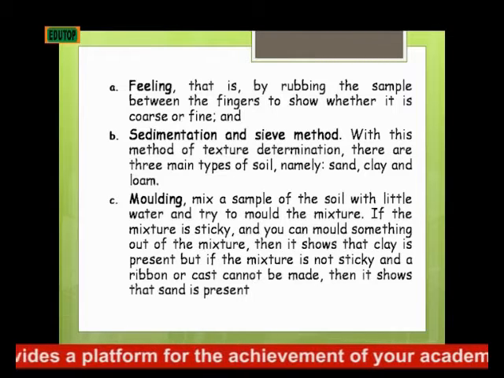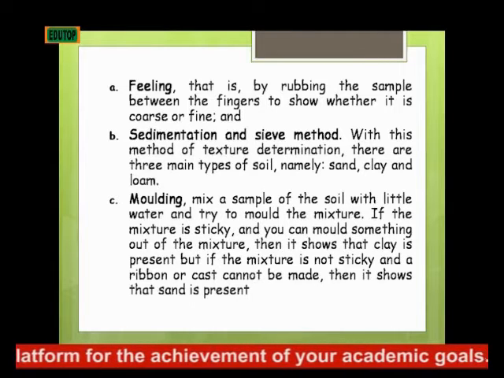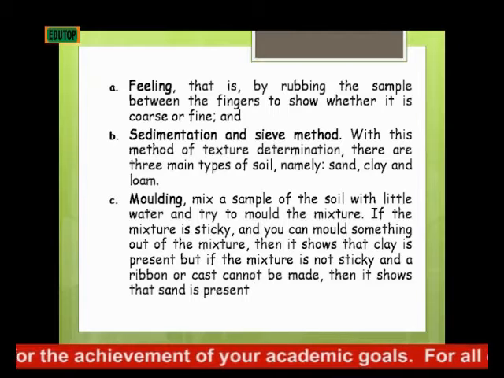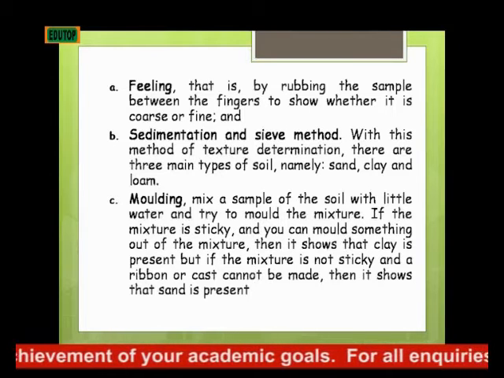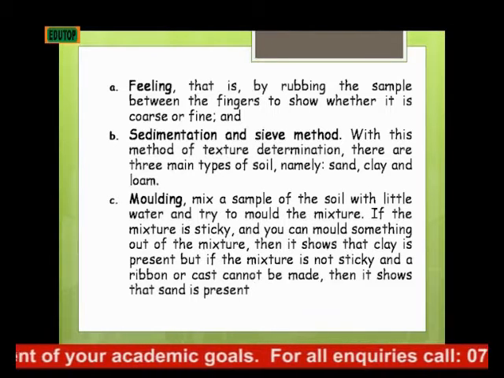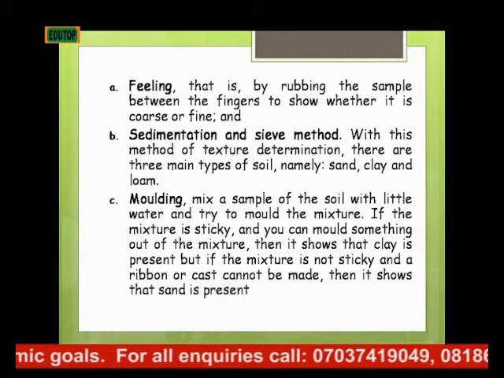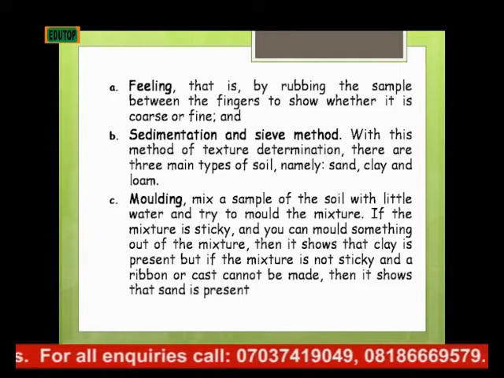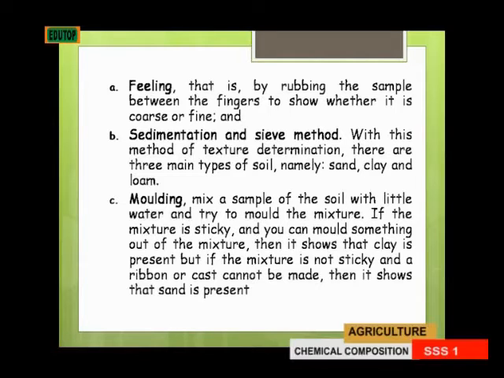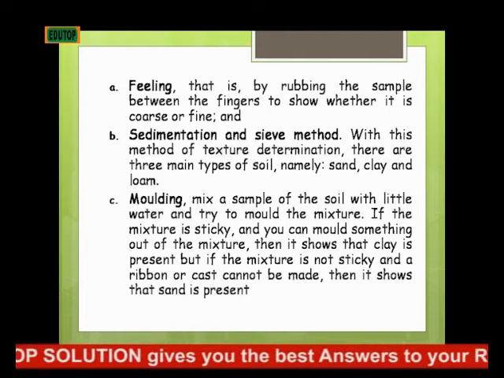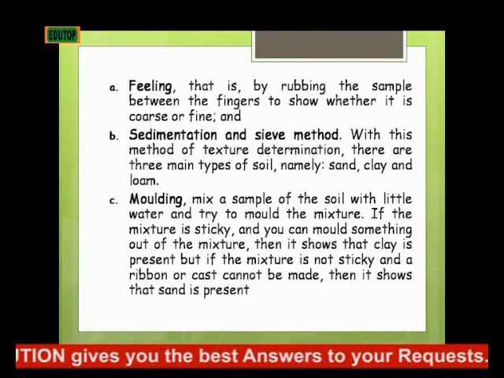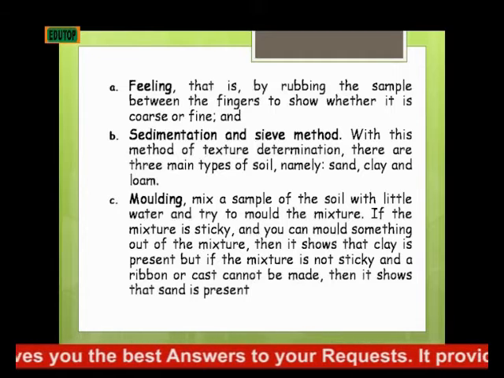When you say sedimentation, that means we pour our sand inside water, stir it properly, and then allow it to settle. By the time it settles, we now see that there will be different layers of soil. With that, we determine the texture of the soil. We can also use the sieve method. This is a collection of sieves with different openings of the mesh.